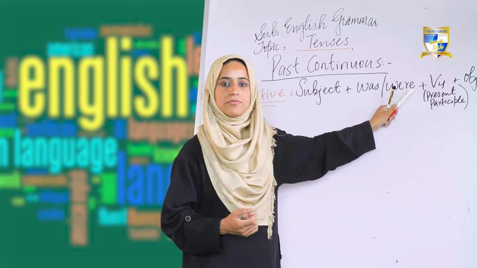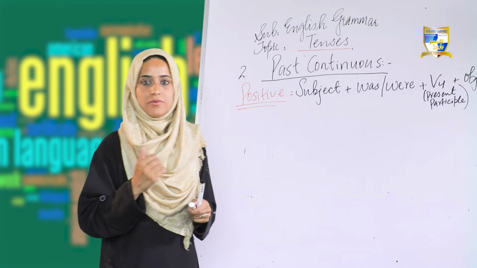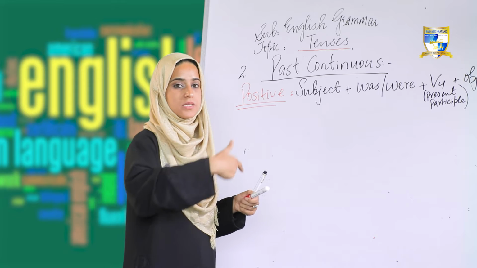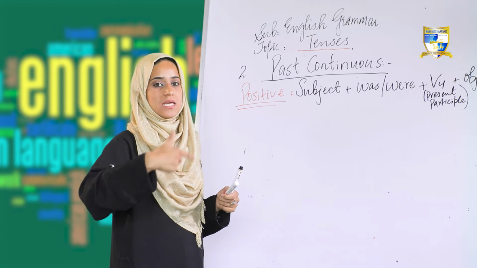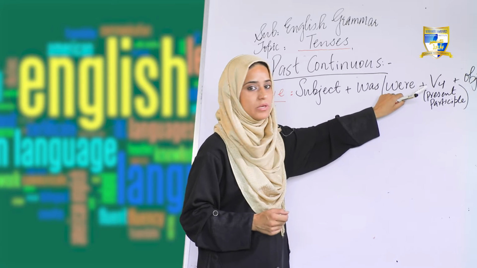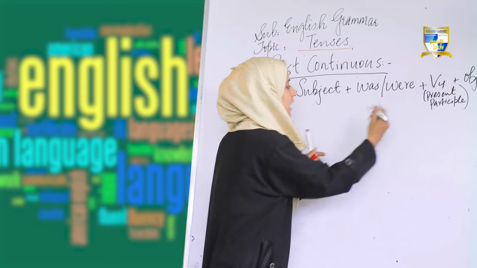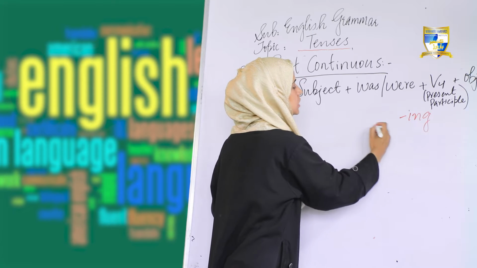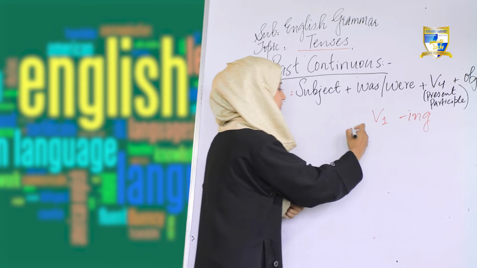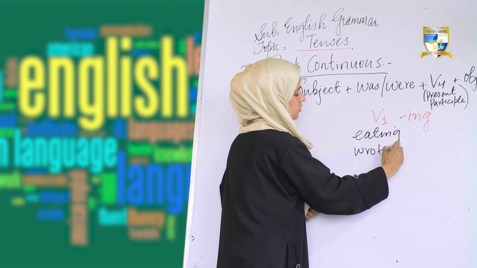And V4 means the ing form of the word. For example: write, wrote, written, writing. Play, played, played, playing. Eat, ate, eaten, eating. So the ing forms of the verb are denoted as V4 or present participles, because here we add ing to verb 1. We do not say wroting, that's wrong.